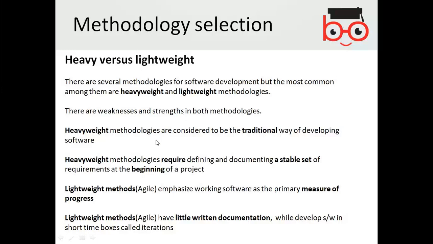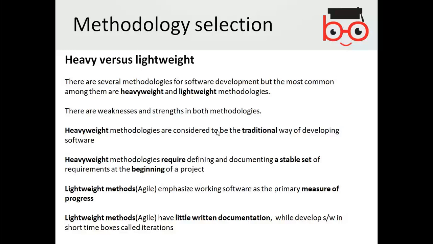Heavy methodologies are considered to be the traditional way of developing software. Traditional way, like a waterfall, you go through certain steps with a completed set of instructions and everything available at every stage, and then you move forward towards those successive steps.